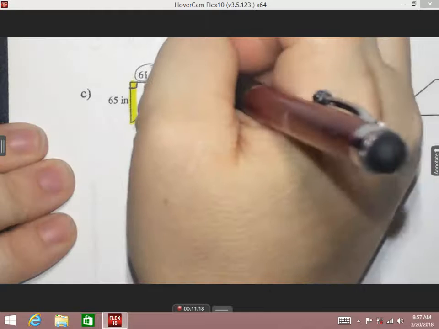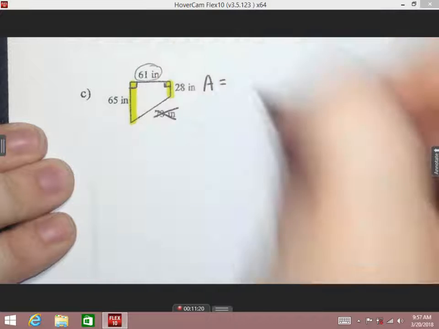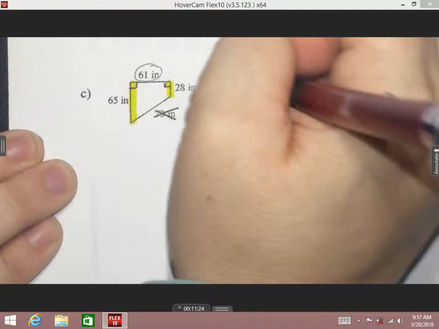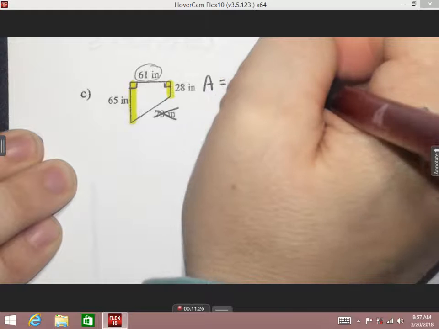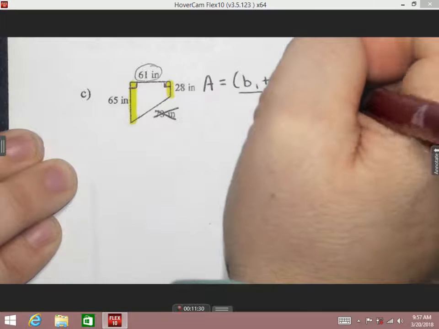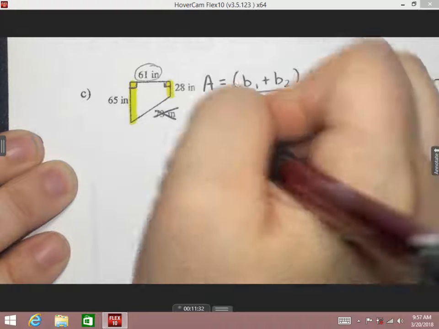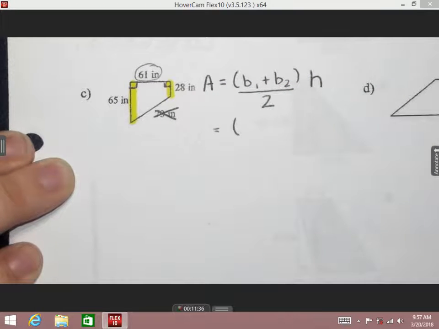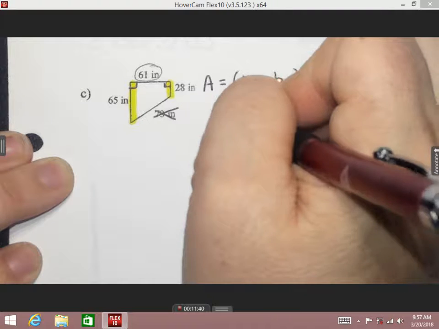Okay, so we get our area. Area equals, again, I'm going to write that formula out. Base 1 plus base 2 divided by 2 times the height. Okay, so my two bases here, what were my two bases, Morgan? 65 and 28. 65 plus 28.